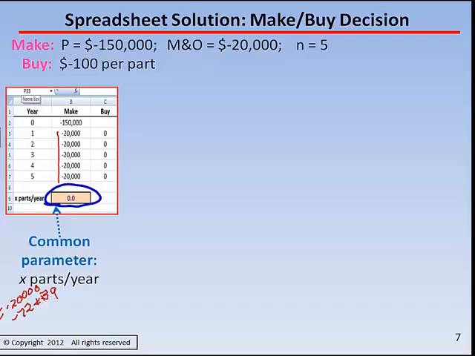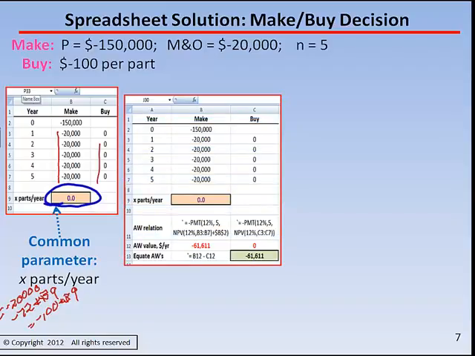Also, the buy cash flow function for years 1 to 5 is simply minus 100 times X, but again we multiply by B9 where the value for X appears. These functions will result in the same values for the AW relations used in the manual solution. You may want to stop the podcast here to be sure you understand how these 2 cash flow sequences are set up on the spreadsheet.